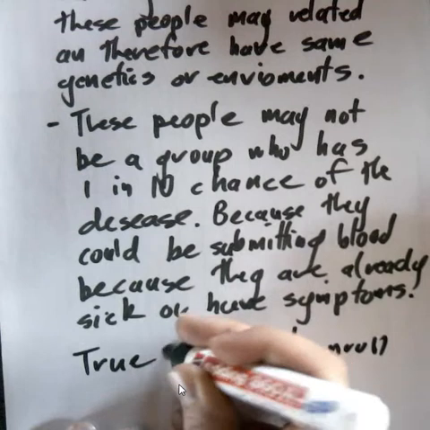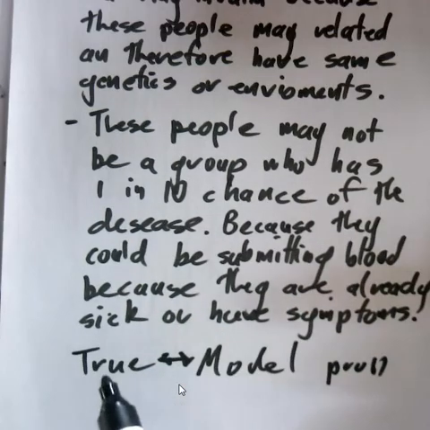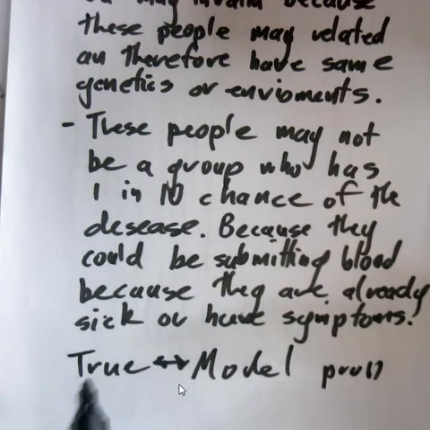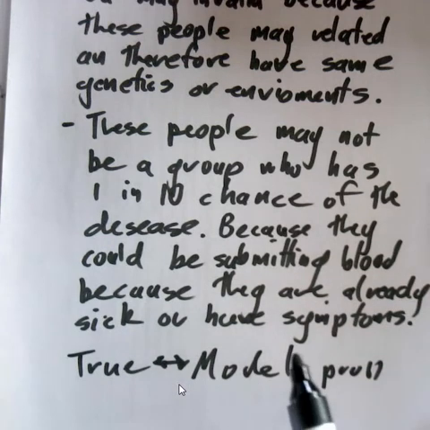True probability is the actual chance of something happening. Model probability is normally based on some calculation which involves a whole bunch of assumptions. So you're trying to find the differences between what's really happened and what the model's trying to tell you has happened.